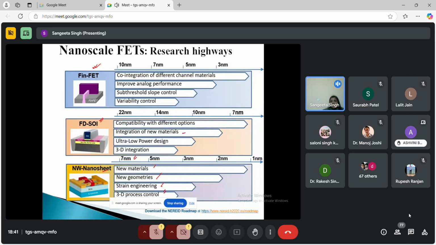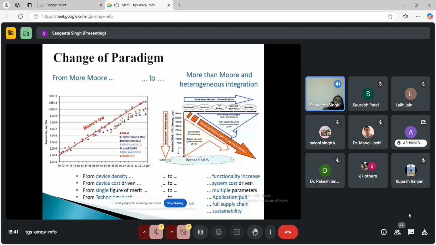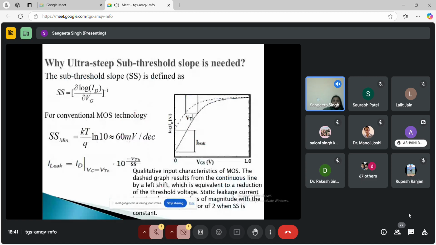So, can I say that this chart is very much updated? No, we are still lagging by 5 years. Every single year, ITRS comes with its own new roadmap or guidelines to guide the research path of these beyond CMOS devices.